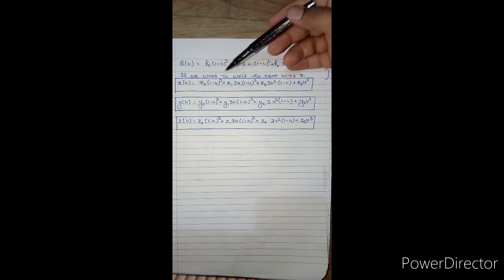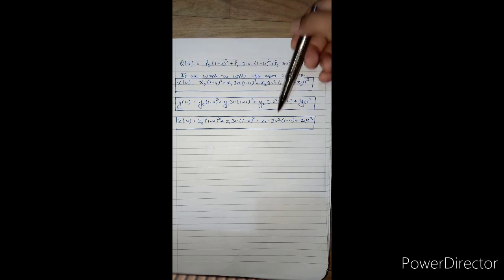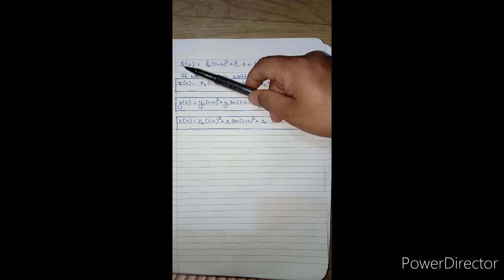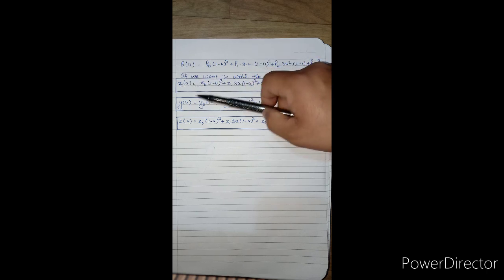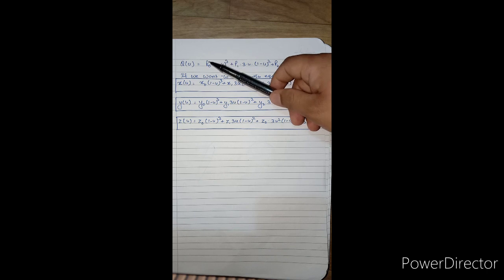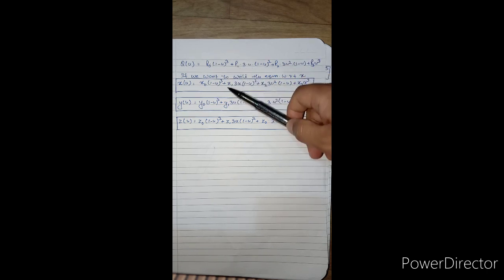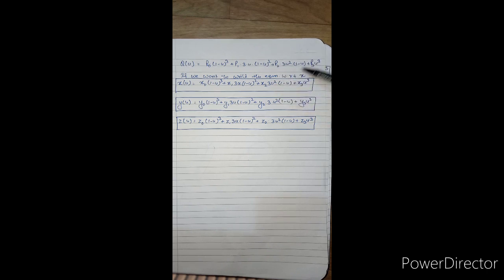And if we want to write the equation with respect to x, y and z, then this equation will become, if we put x in place of q, then x of u is equal to, in place of p we replace it with x. x of u is equal to: p0 is replaced by x0, p1 is replaced by x1, p2 is replaced by x2, p3 is replaced by x3.